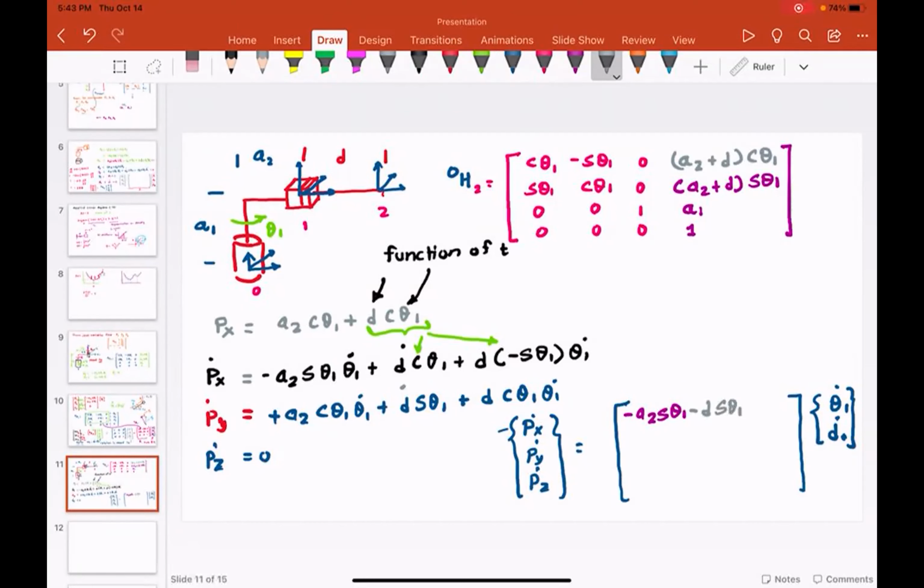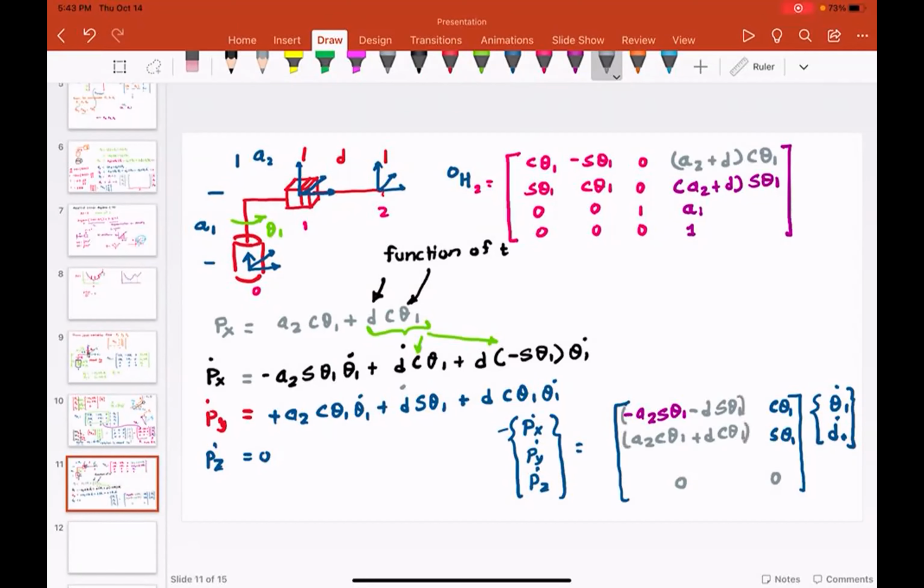The second term is going to be A2 cosine theta 1 plus D cosine theta 1. And here there will be zeros. And here for D dot, this will become cosine theta 1, and this will become sine theta 1. And please note, this is one term.